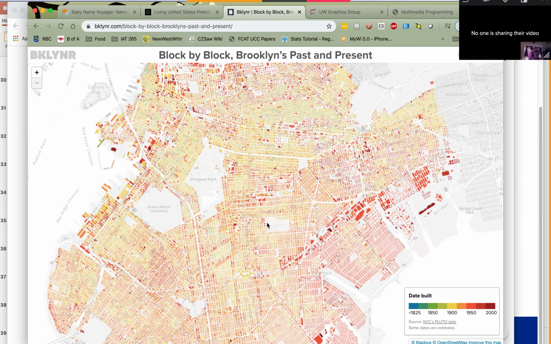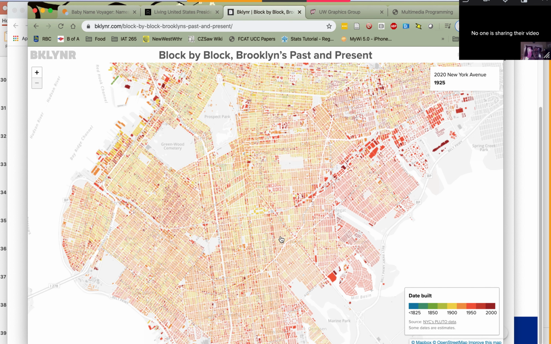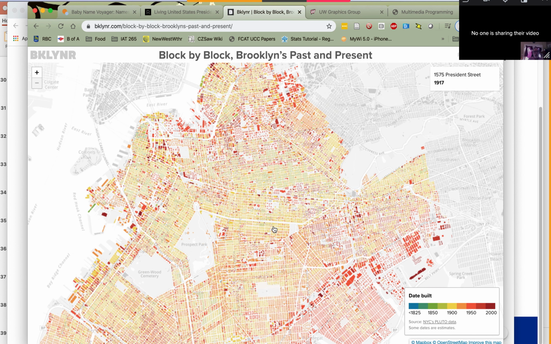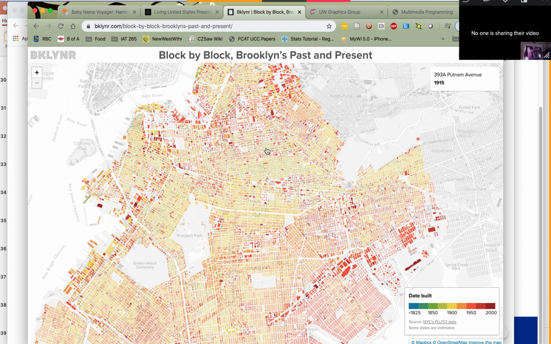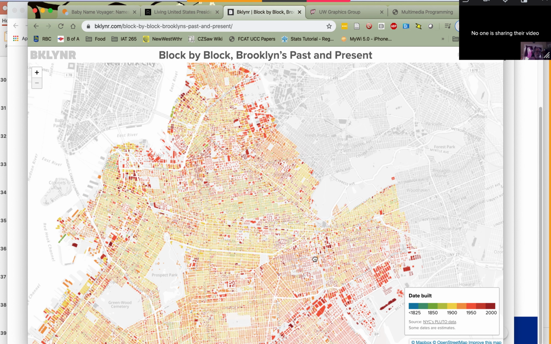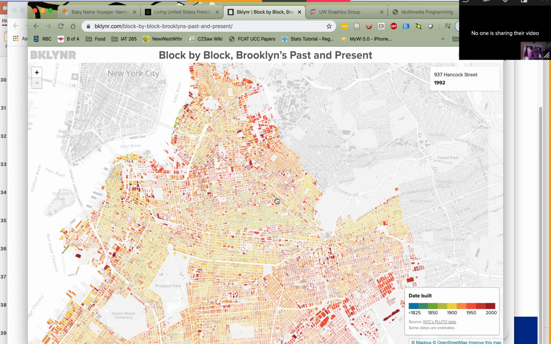And clearly, you can see from this that most of Brooklyn has been constructed since 1900, with large patches, probably along main avenues and subway lines, built somewhat more recently than that, in the last 25 years or so.